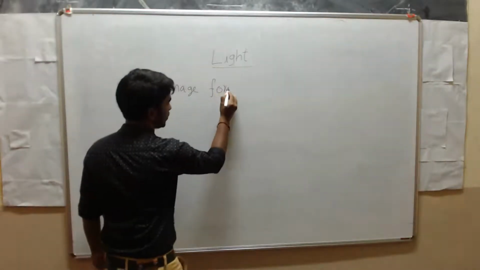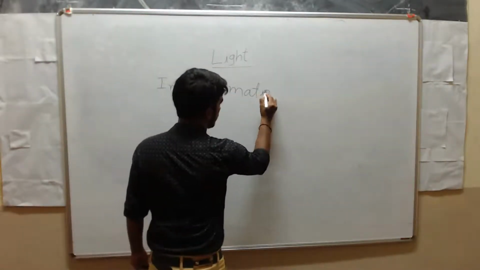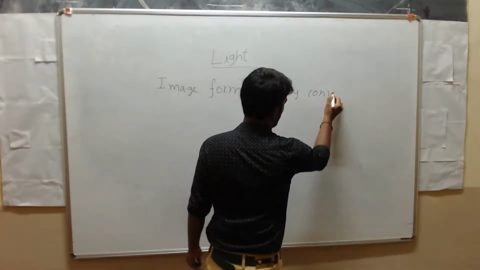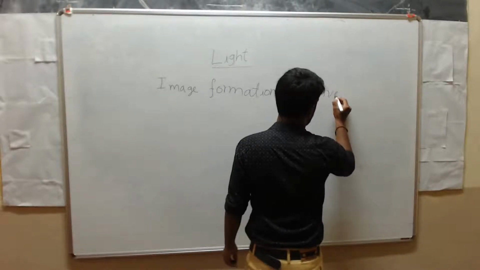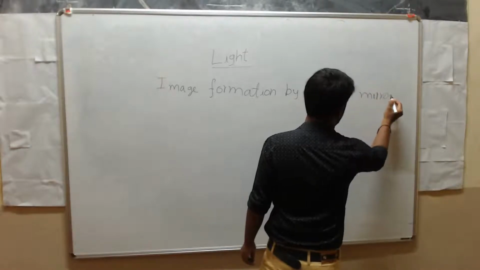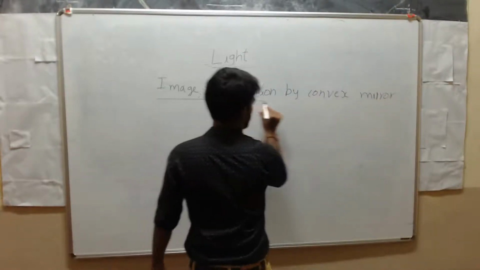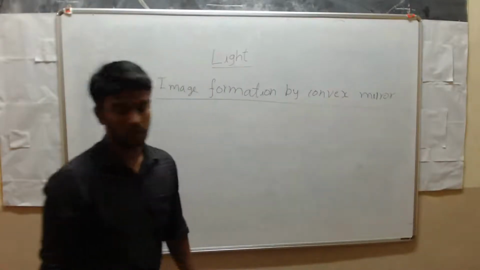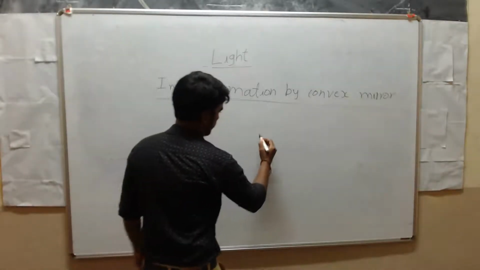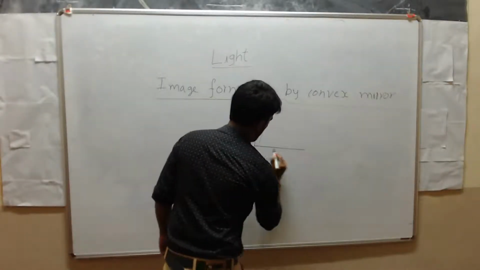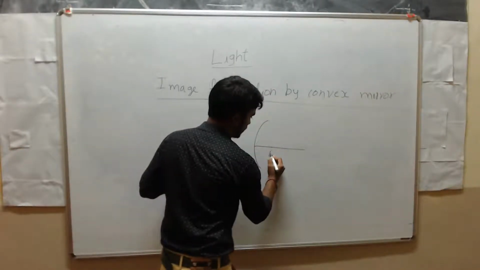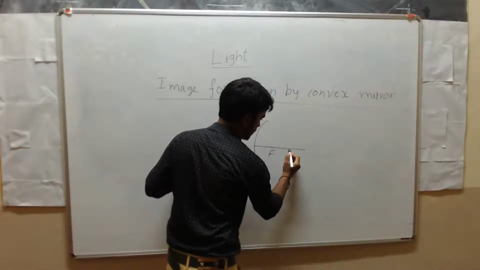Image formation by convex mirror. Here the reflecting surface is curved outwards, away from the center of curvature, so it does not face the center of curvature.